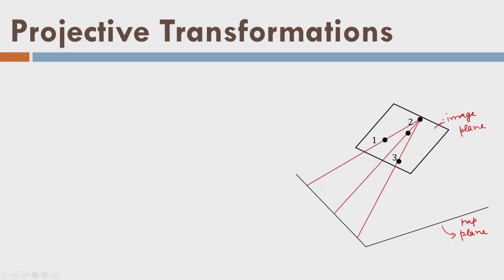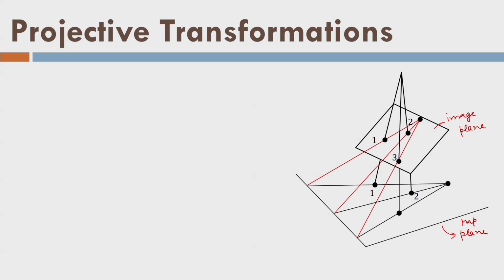In the image plane, I have 3 points coming from one point like this. These 3 points in the map plane are connected to this point like this, and say there is one more point, that is the perspective center, and that is connecting these 2 points like this.